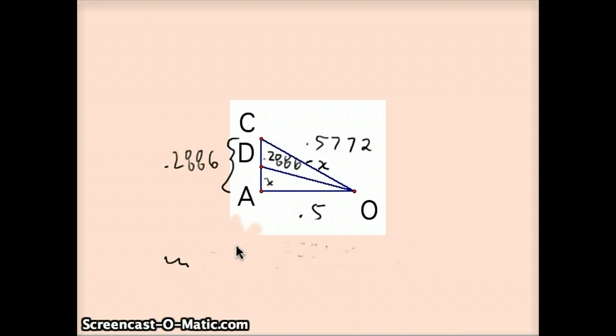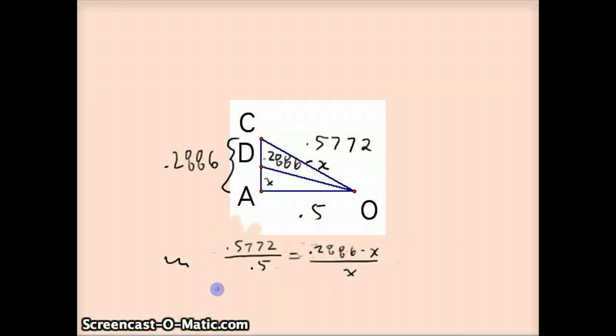Angle bisector theorem says that I can set up a proportion which says 0.5772 over 0.5 will equal CD, which is 0.2886 minus x, over x.